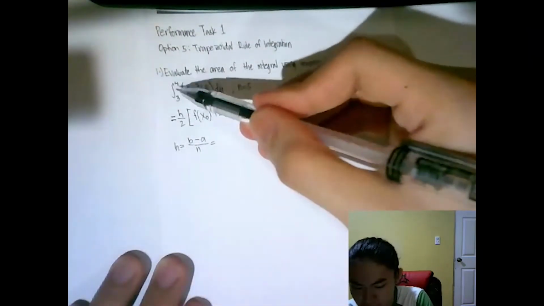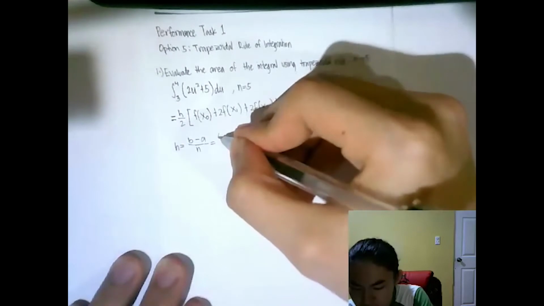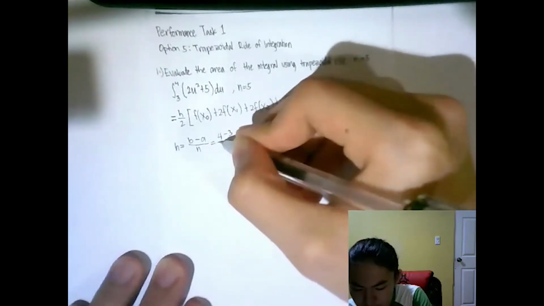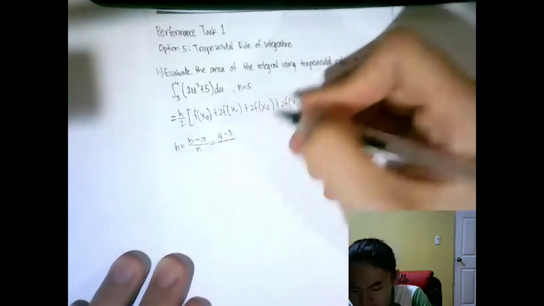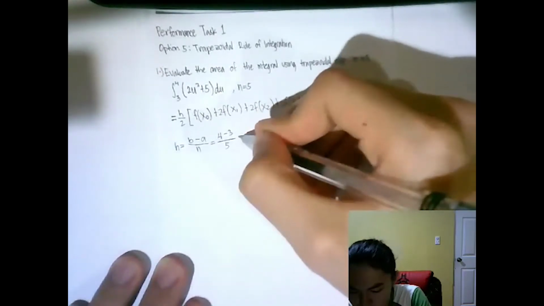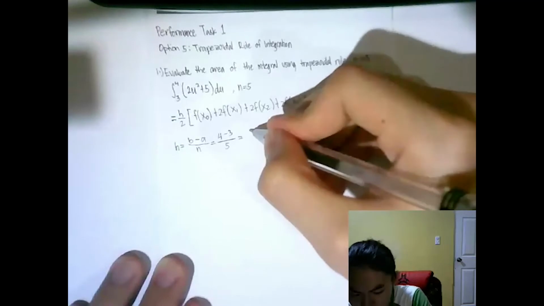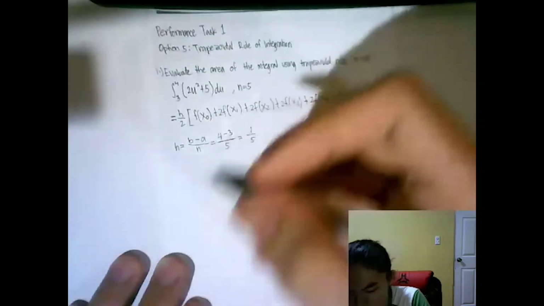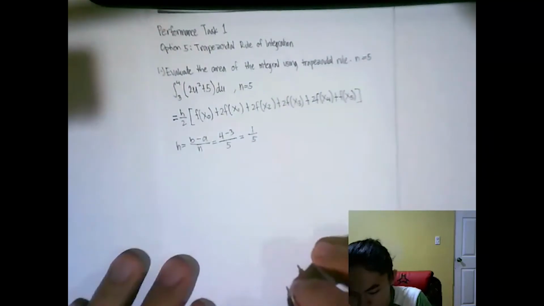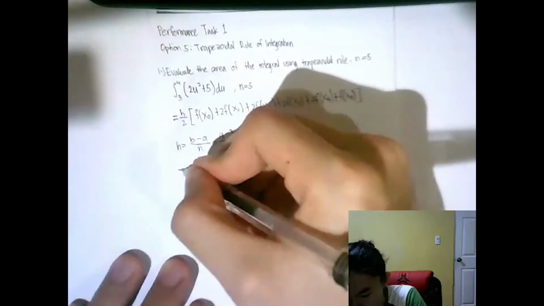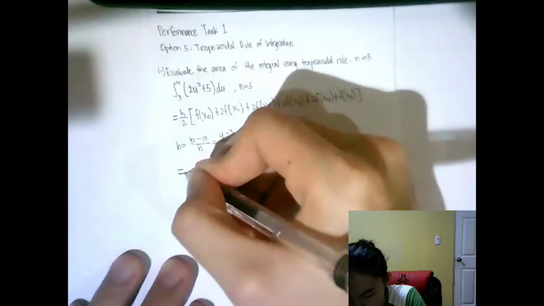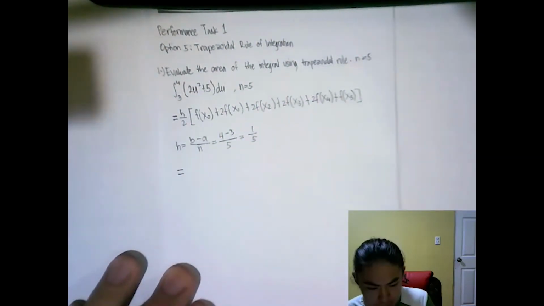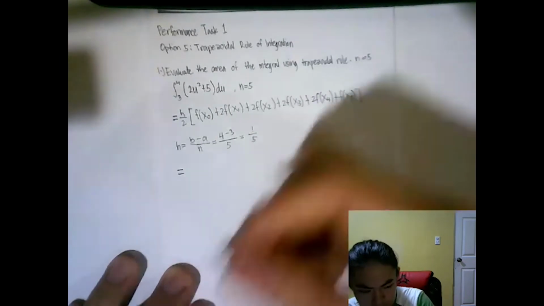So, always, ang ating a is yung lower limit and upper limit naman yung b. So, 4 minus 3 over 5 or yung ating n equals to 1 over 5. Yan ang ating h. Okay.